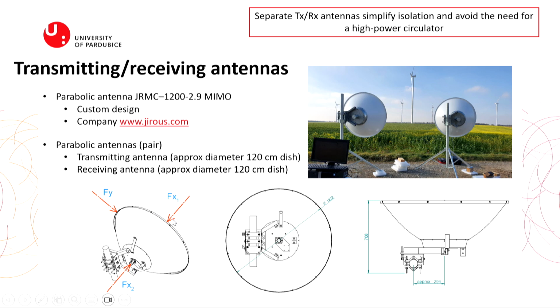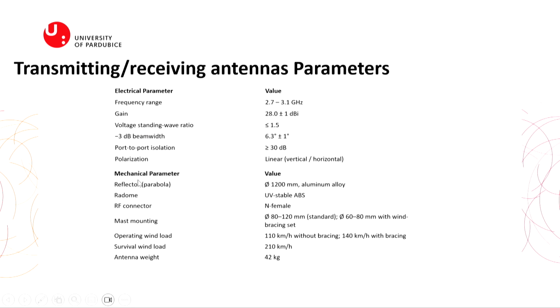Of course, you need two of them, or you need this circulator. And both antennas are the same. It looks like a transmitting antenna and a receiving one, but they are the same. It is just a pair.